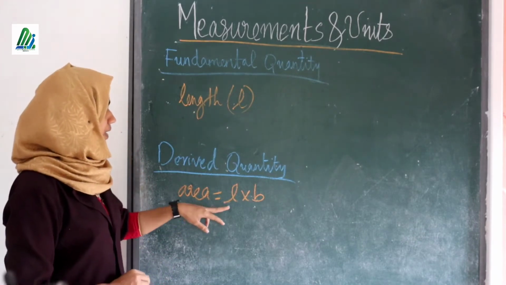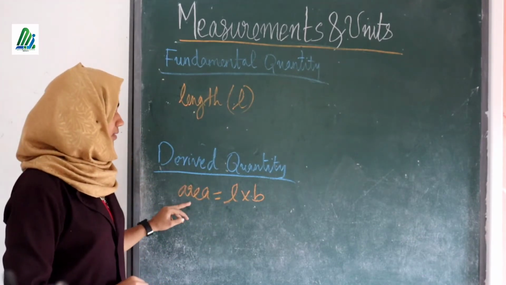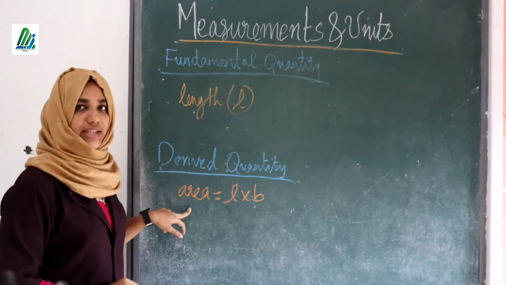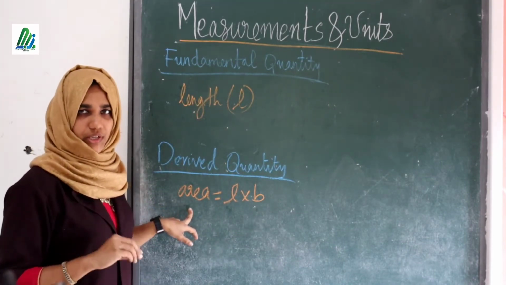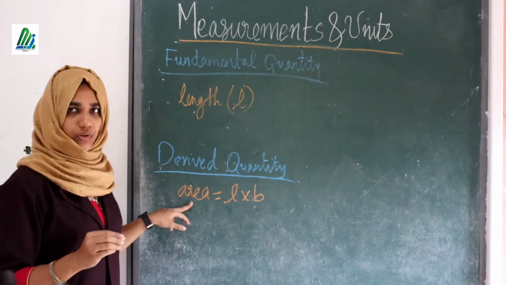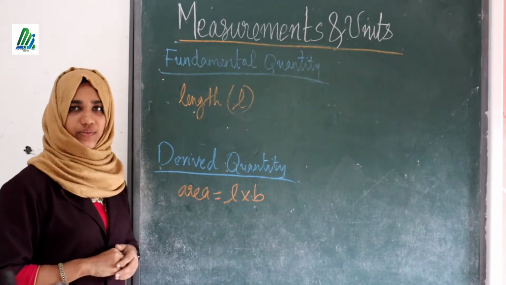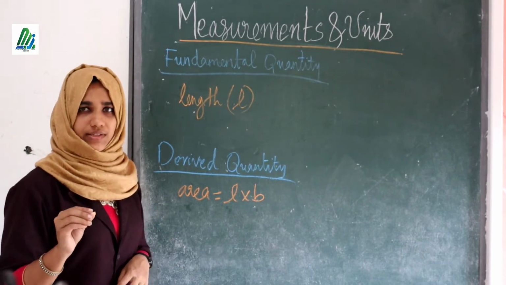Yes, so length and breadth are fundamental quantities. So area is a dependent quantity. Hence we can call area a derived quantity. Is it clear?